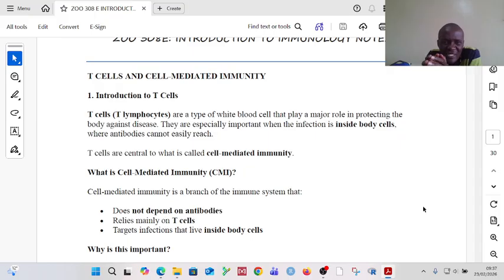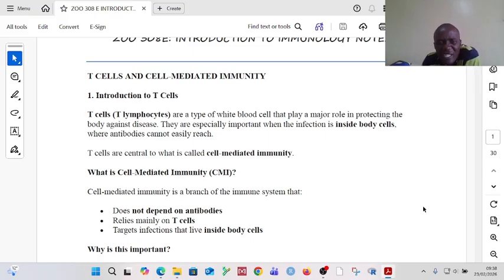They are particularly significant when you have an infection inside your body cells, because when the infection is inside your body cells, the antibodies cannot reach it easily. Okay? So T cells play a central role in what is called cell-mediated immunity.